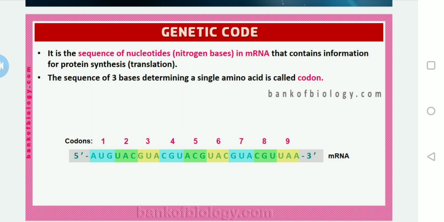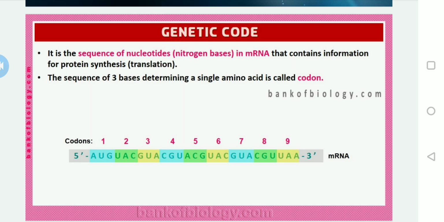The first codon AUG, second UAC, third GUA, fourth CGU, fifth ACG, sixth UAC, seventh GUA, eighth CGU, ninth UAA. So this is nothing but the sequence of 3 nitrogen bases determining a single amino acid. It is called a codon.